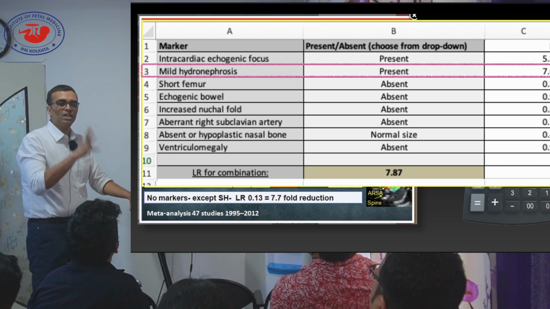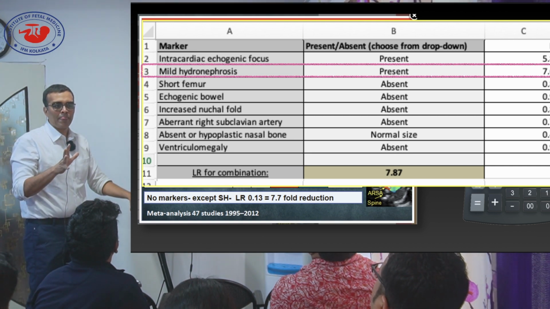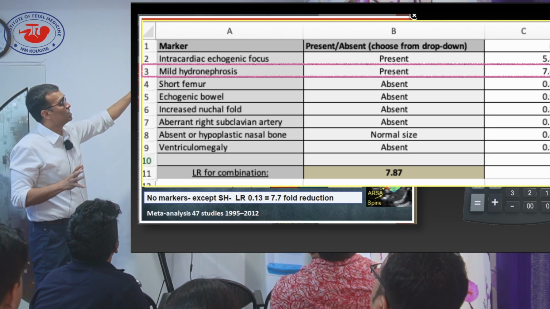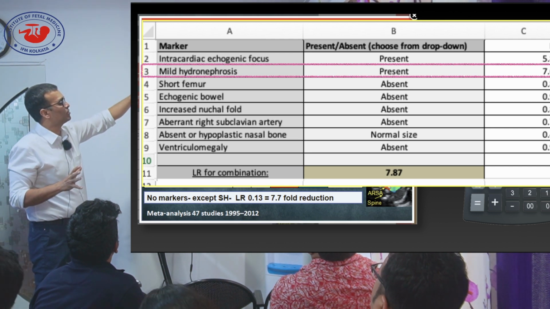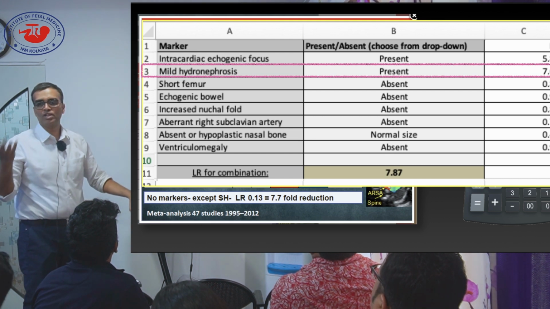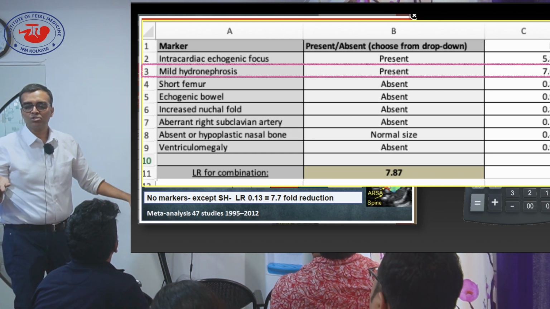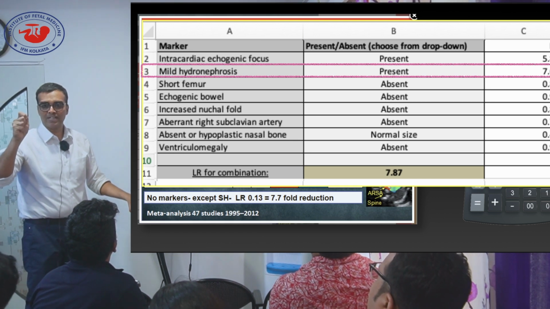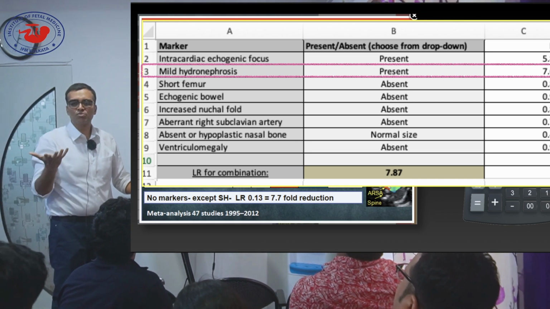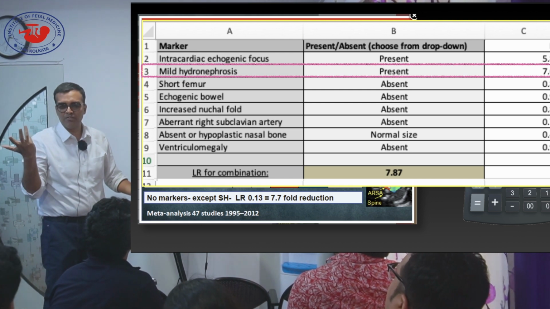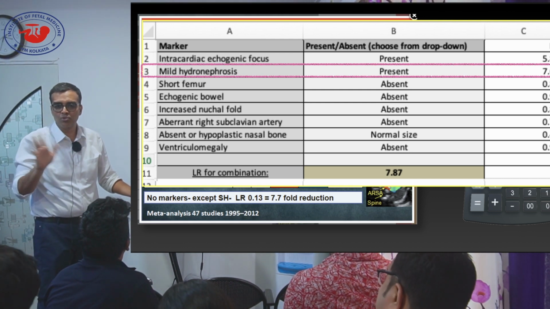Look at all the other markers very carefully, then go to this calculator, tick whatever is present and whatever is absent, and you will get an LR of combination. Based on that you may modify your risk. So don't jump when you see a dilated collecting system or pelvic ptosis and think, it is just one likelihood ratio, one will not change my risk anyway, so I dismiss it. Don't do that.